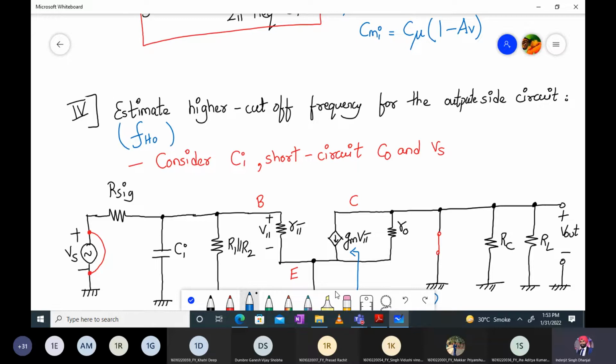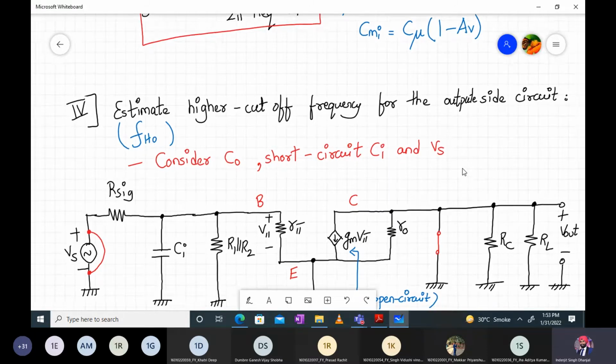So for that FHO, what do we do? We'll have to consider CO, and we have to short circuit CI and VS, right? So here we have to short circuit CI, and we have to consider CO. Let me take the circuit up slightly.